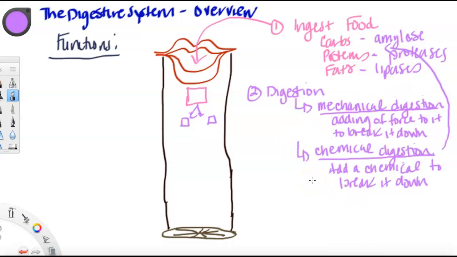All right, so the third thing, we have to be able to move this stuff. Okay, so we got to be able to move this stuff through our system. Okay, so that is called motility.